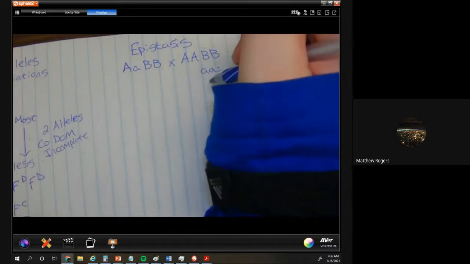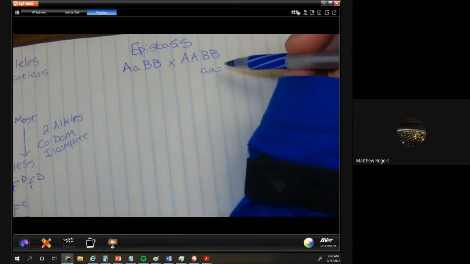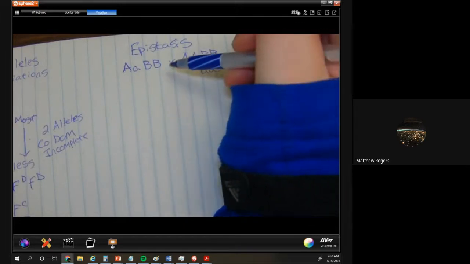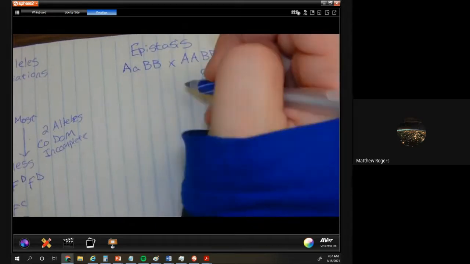So you've got to read the question, okay? I'm not going to go through an example of this, but make sure you read it and understand what happens if all these different things happen. So think of epistasis almost like light switches.